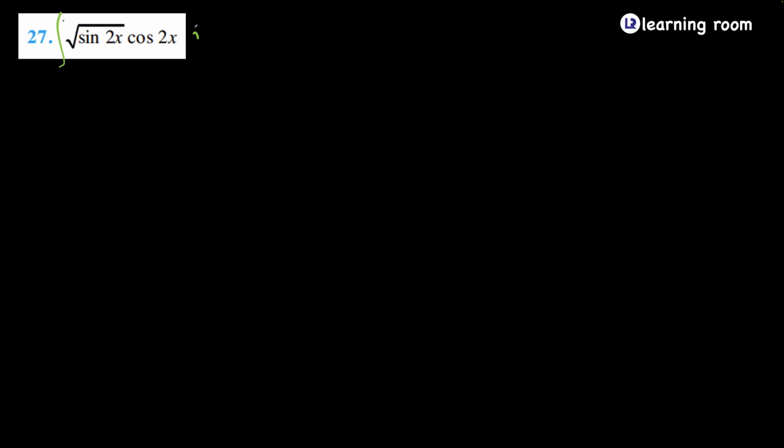So find the integral of root of sin 2x into cos 2x. So whenever you have a square root, first thing that you need to do is eliminate the value inside the square root. And in this problem, if you observe, you have sin and cos. Sine and cos are the derivatives of each other. But what will you substitute as t?